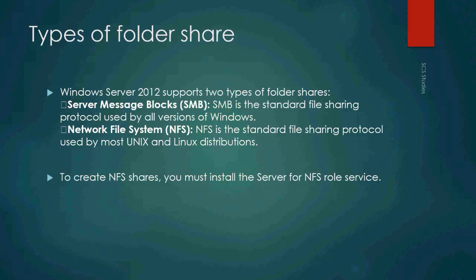That means if you want to access your file shares from a Windows machine, you should have SMB share enabled on your server. And the second one is Network File System, that is NFS. NFS is the standard sharing protocol used by most Unix and Linux distributions.